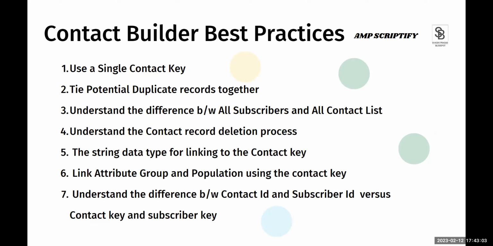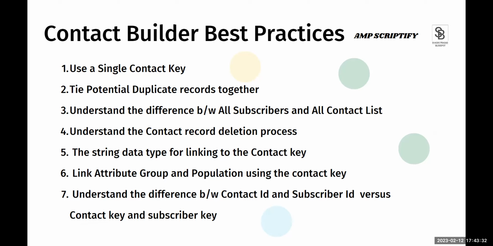This will lead to a lot of potential duplications, and it is never recommended. Your segmentation is being done based on email communication and SMS communication. That's why we discussed yesterday why we need population, to tie it together so that you don't create multiple duplicates based on your channel communication.